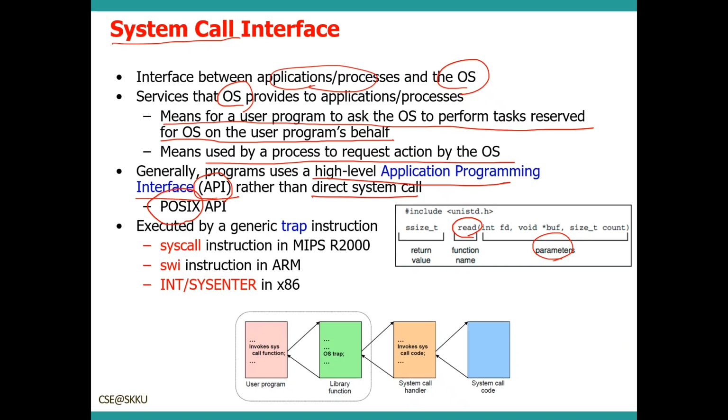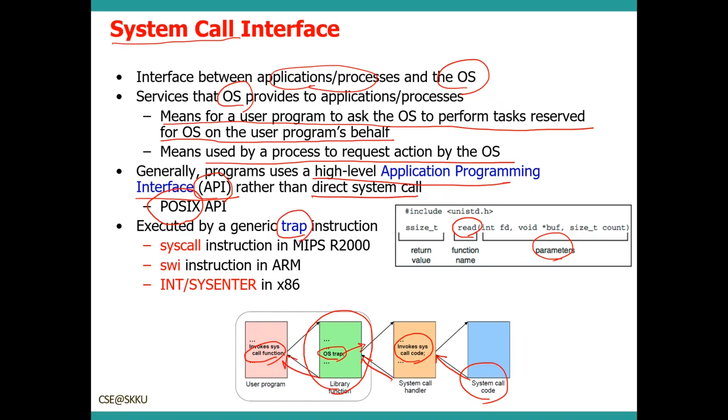The user application calls the standard API function, which is implemented in a user-level library. Then the user-level library generates a trap to switch to the kernel. Then the system call handler finds the proper program code to handle the requested system service. Then the corresponding system call code will be executed. After handling the system call, control is returned to the library and the user application.